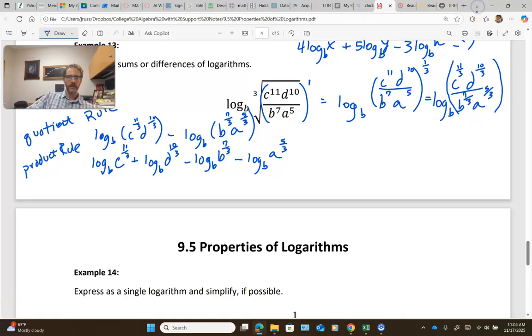Okay. All right, and then now I can use the power rule. The power rule just says that if any of these arguments have exponents, I can move those exponents out in front.